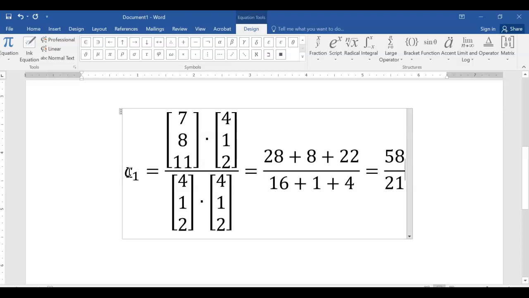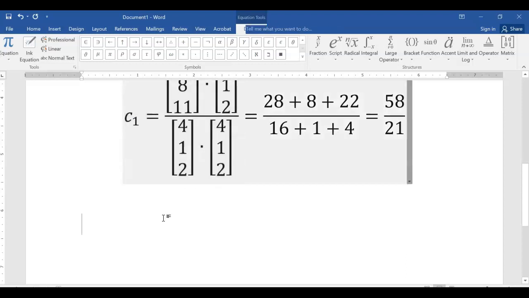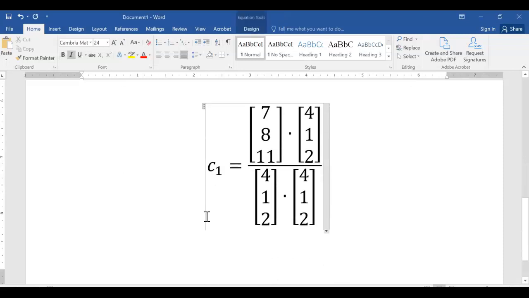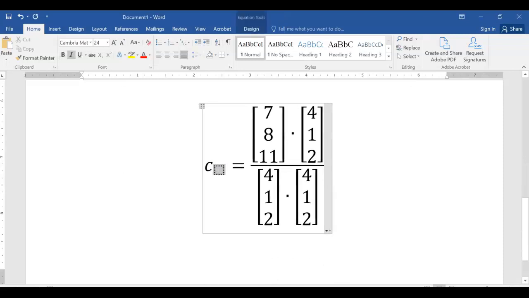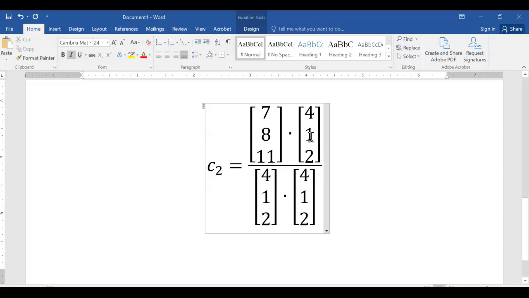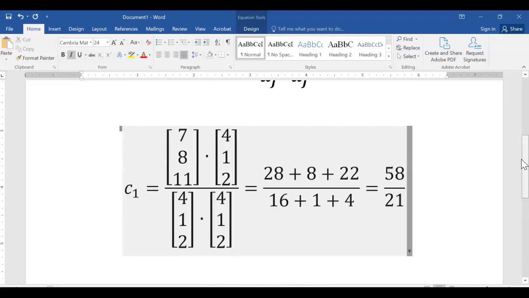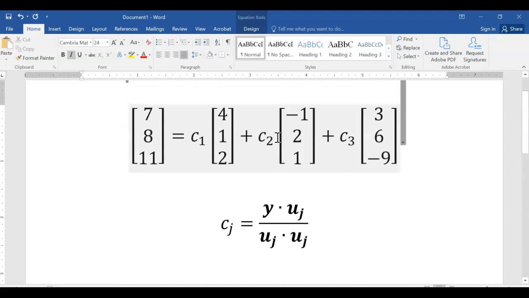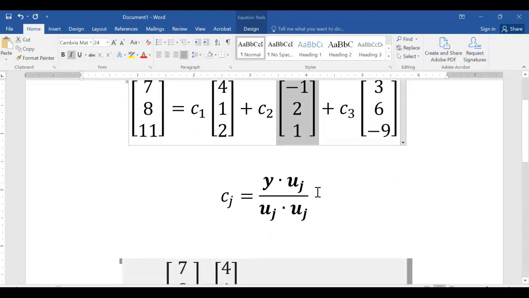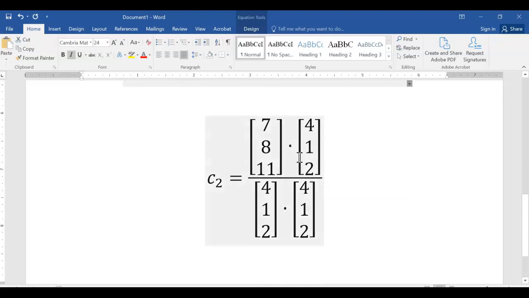Now, we do the exact same process for coefficient 2, except obviously when you do coefficient 2, instead of using 4, 1, 2 as my vector of interest, I'm going to use negative 1, 2, 1 as the vector in my basis.